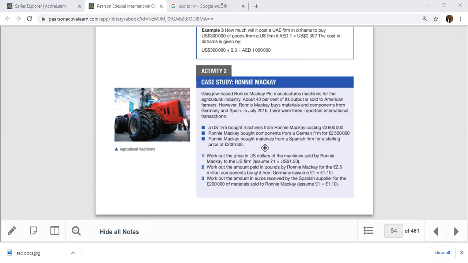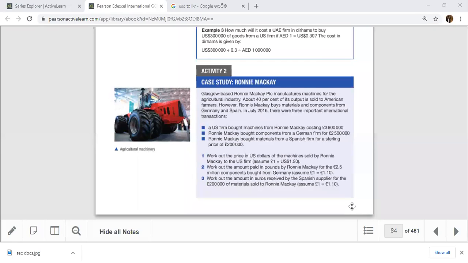And Ronnie Mackay bought components from a German firm, because when you are doing manufacturing, you normally have to import from different countries, like Germany and Spain, purchasing in sterling pounds.